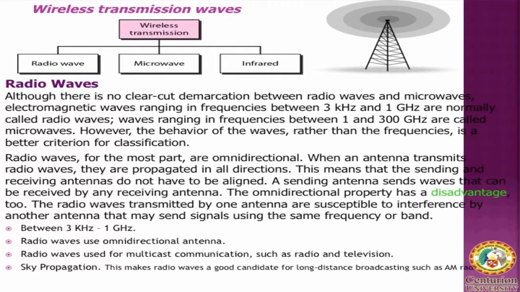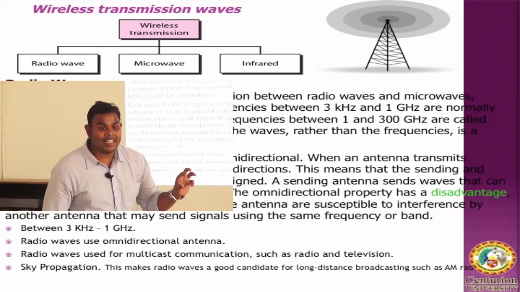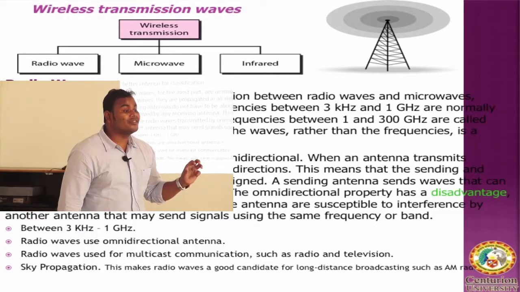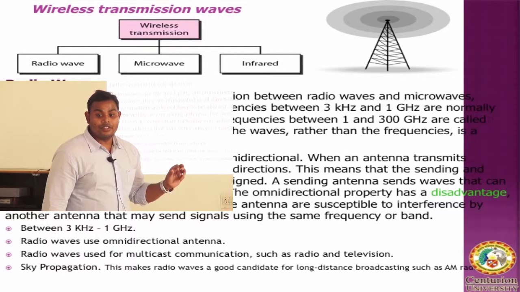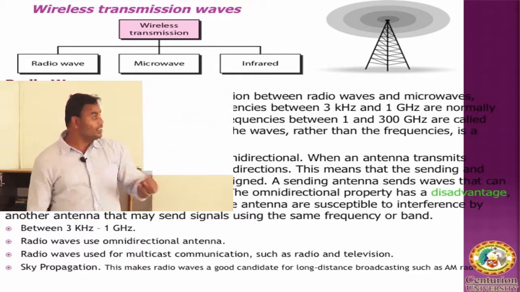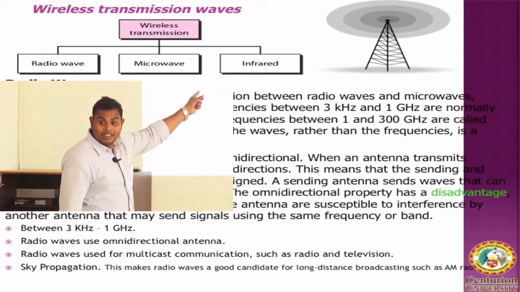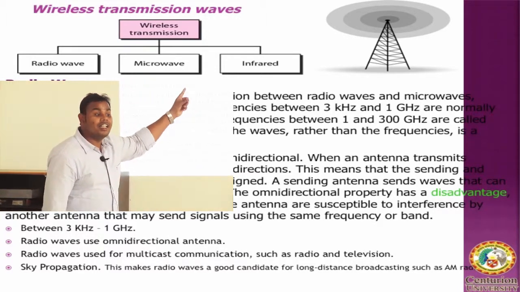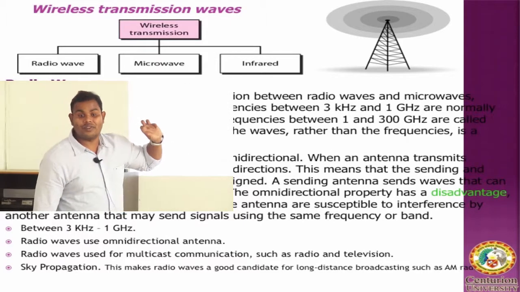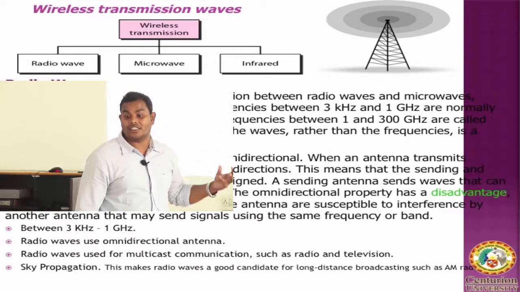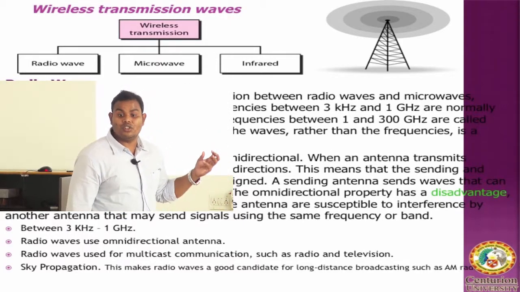If you go to the radio center, you can find tall towers. Those are nothing but omnidirectional transmitters. Why is the name omnidirectional? Because the signals propagate in all directions.